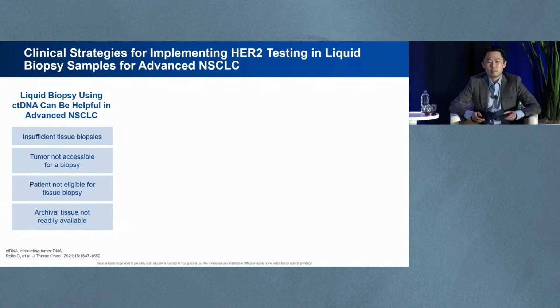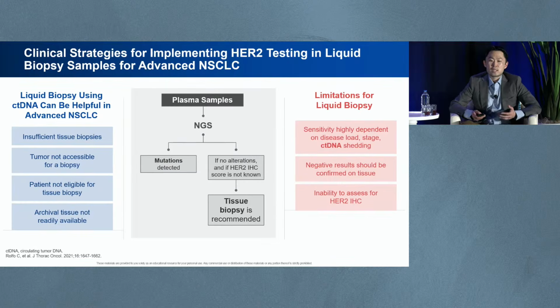And so let's talk a little bit about liquid biopsy testing for our patients with HER2. So we all know that liquid biopsy using ctDNA can be really helpful for our patients with advanced stage lung cancer, especially in cases where we have insufficient tissue biopsies or situations where tissue may not be readily available. But we also have to recognize the important limitations of liquid biopsy, right?